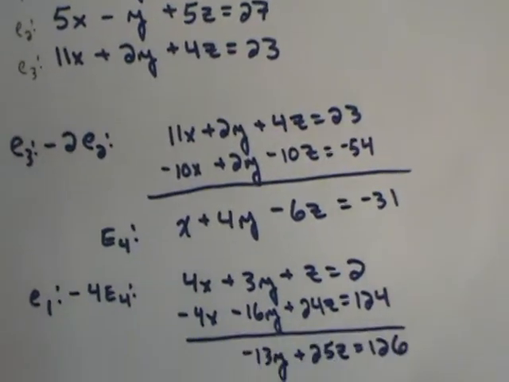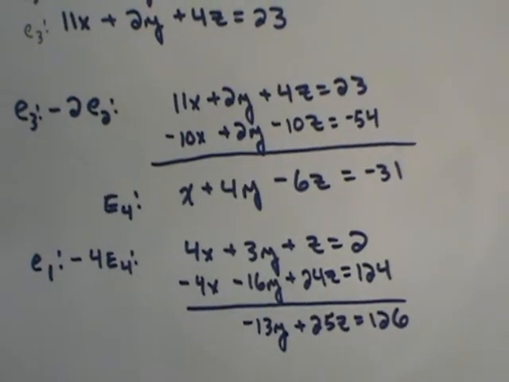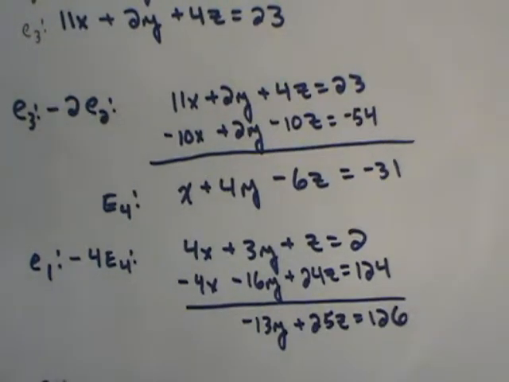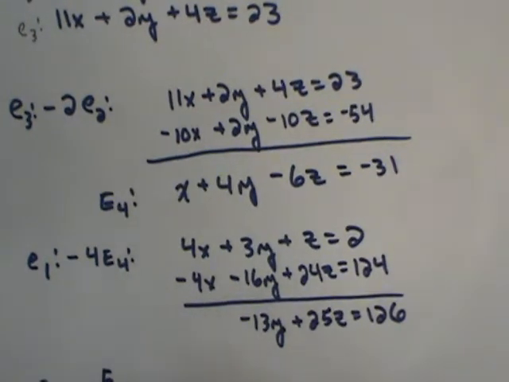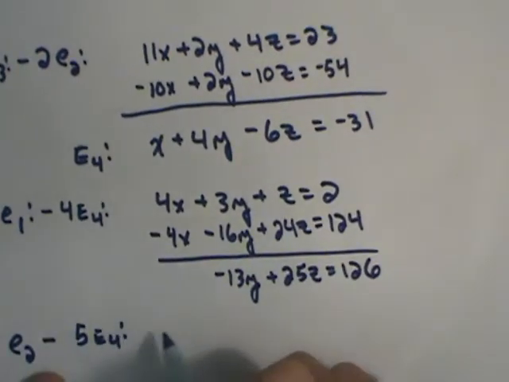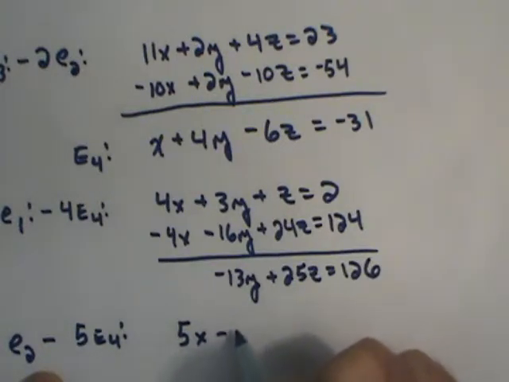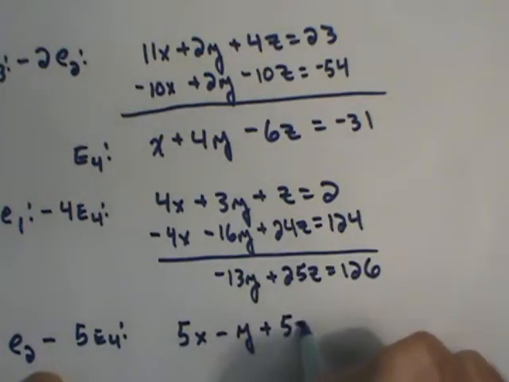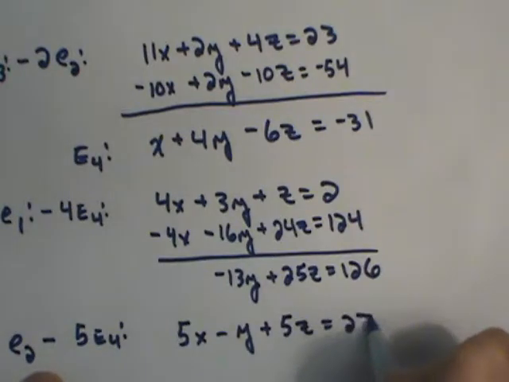On this one, I'm going to take the second equation, and I'm going to subtract 5 times equation 4. As I do that, I'm going to write the second equation. I get 5x minus y plus 5z equaling 27.